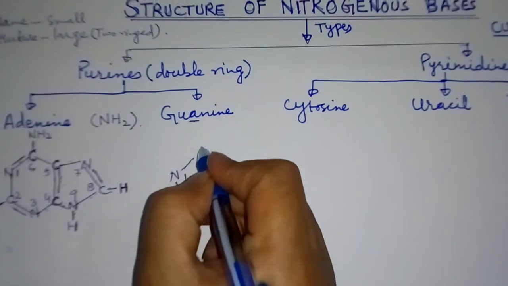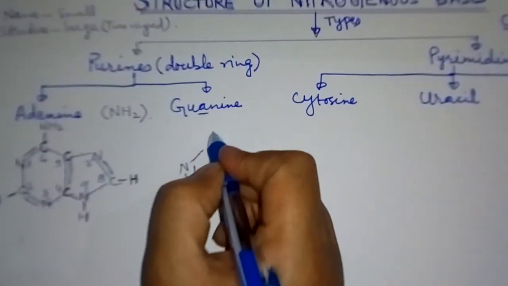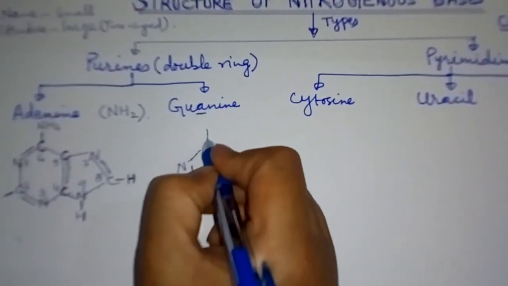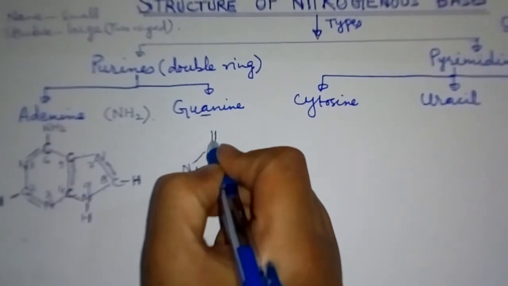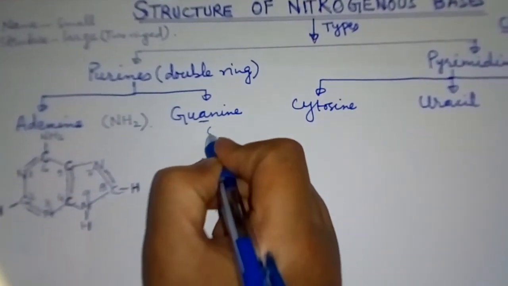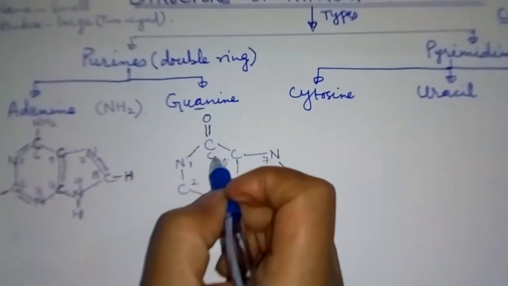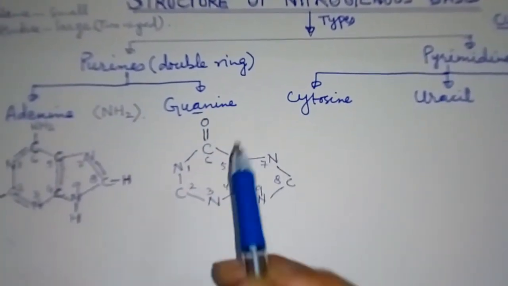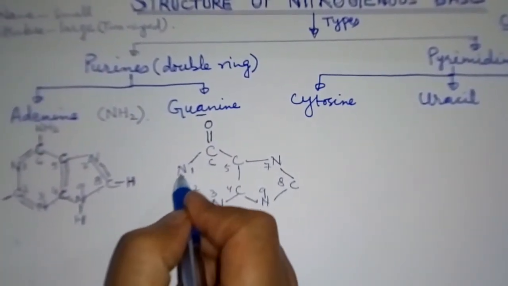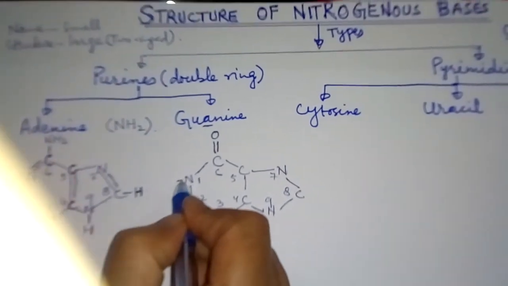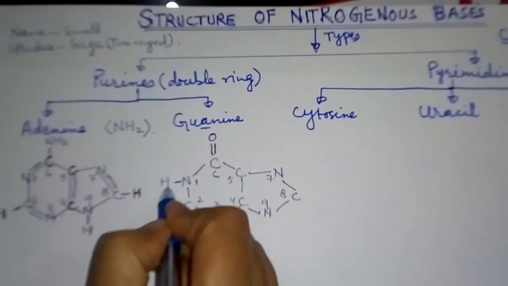I told you that with carbon number 6, guanine, as it gives a sound of O, has an oxygen, and you know the valency of oxygen is 2, so with 2 bonds it will attach with this carbon. Now this carbon's valency is satisfied, but this nitrogen's valency is not satisfied, so I will write a hydrogen over here.